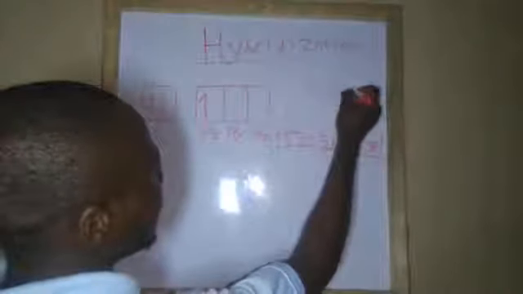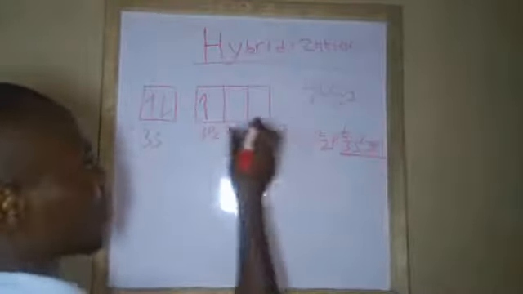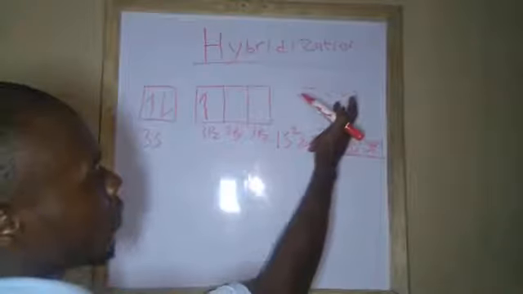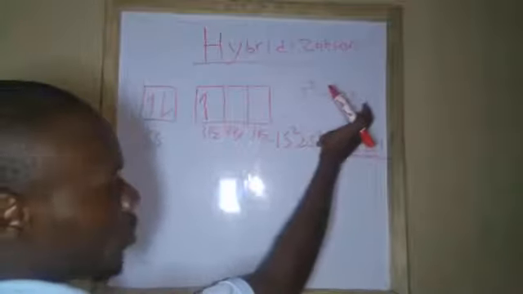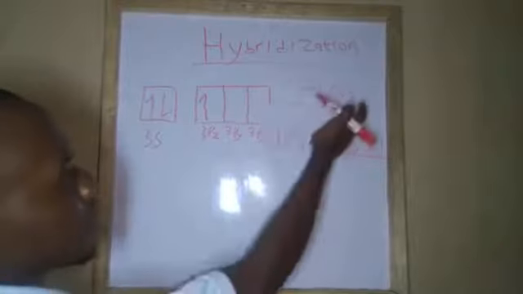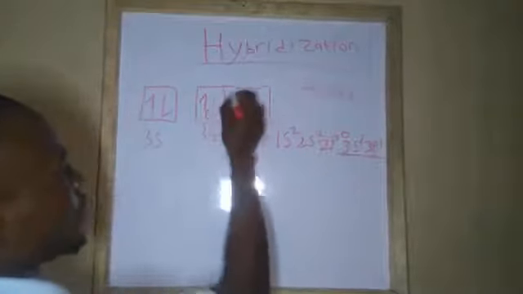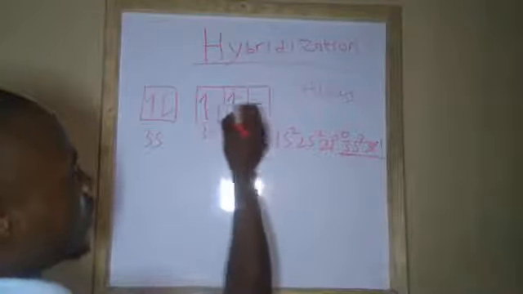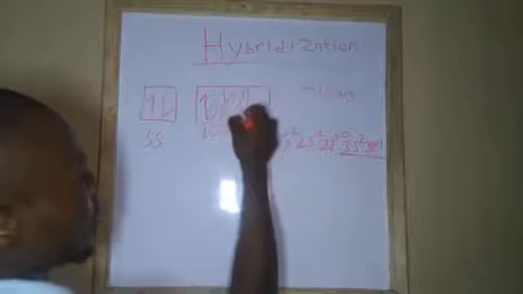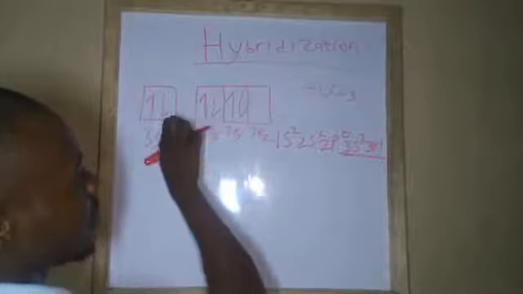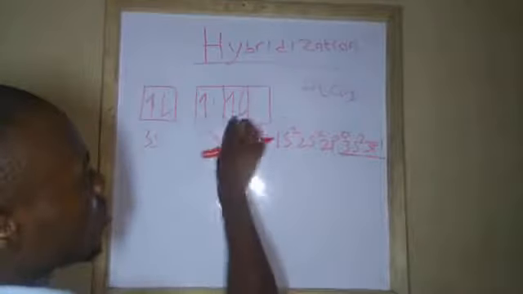You have AlCl3. Just count your number of chlorine: 1, 2, 3. You have 3 chlorine there. Just take each one as if it's an electron. Put it this way: 1 is here, making 2, another one here, making 3. So making 3 altogether.